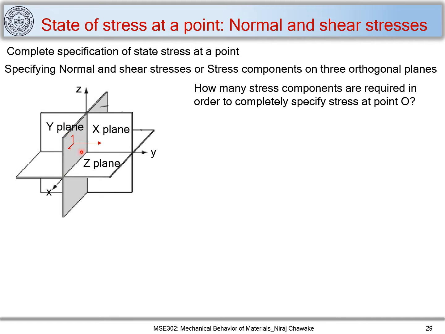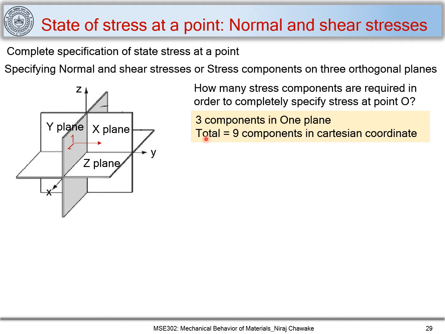So we have three stress components for any given plane. Now we have three orthogonal planes, the x plane, y plane and z plane. So we have 3, 3 and 3, which counts to 9 components. You need 9 components in a Cartesian coordinate system to define the stress at any given point O, or to specify completely a state of stress at point O.